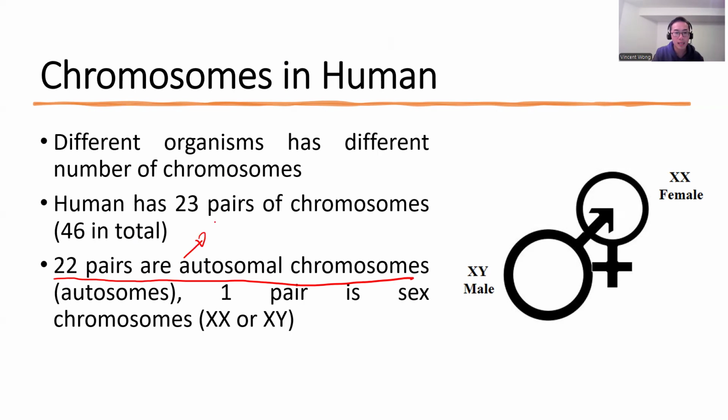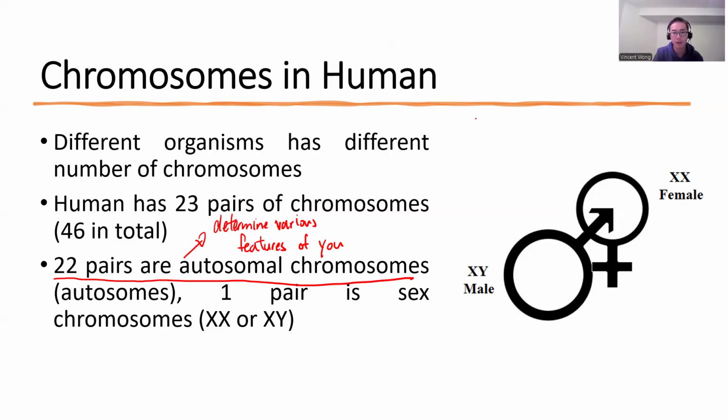These are chromosomes that determine various features of you. Right? So things like skin color, eye color, blood type, the kind of hairline you have.